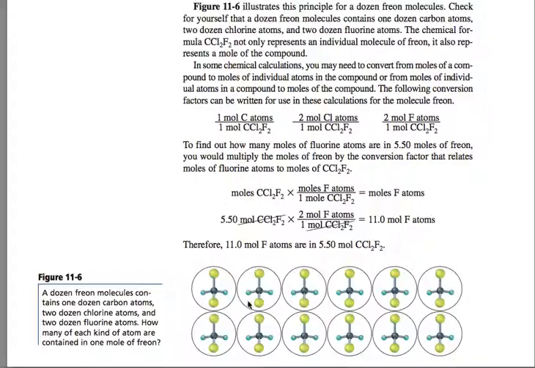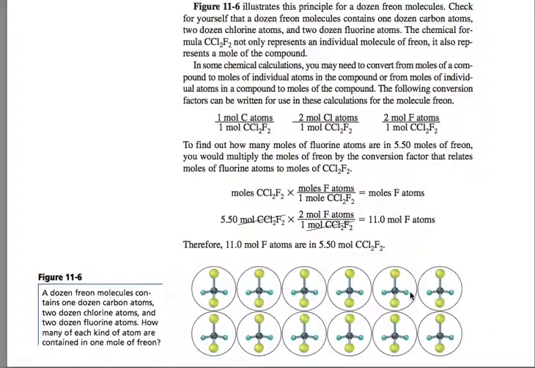Okay, so carbon, and I don't know which one is which, but one of these is chlorine and one of these is fluorine, and there's 2 of each. So if we look at a dozen molecules, we get a dozen carbon, 2 dozen chlorine, and 2 dozen fluorine atoms.